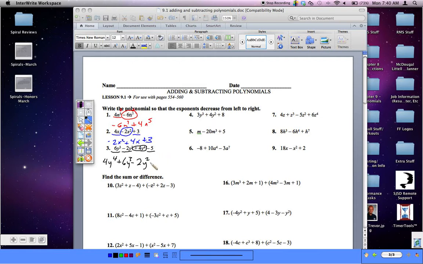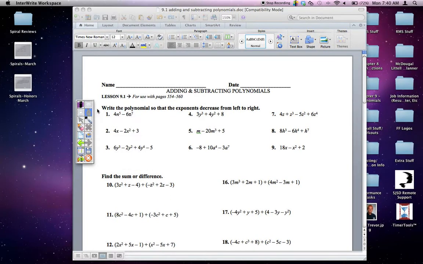And last but not least, minus 5. That's as good as that answer can get. Now, keep in mind, we cannot combine any of these because they do not have the same variable with the same exponent. Also, the reason we are writing these in that order is because that's how your answers need to look on this assignment.